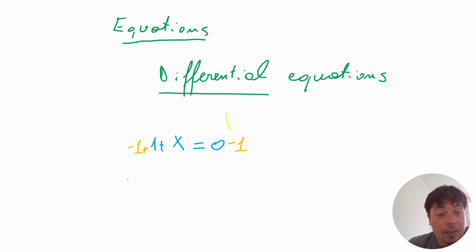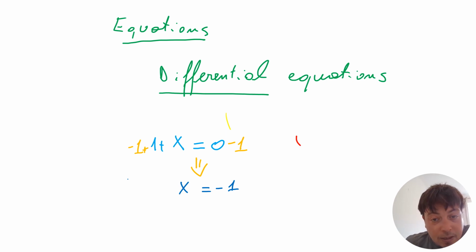The good thing in this case is that we then carry on with the operation, and we get that 1 minus 1 is 0, and 0 minus 1 is minus 1. Then we can cancel out the 0 because it doesn't add anything, and we have x equal to minus 1.